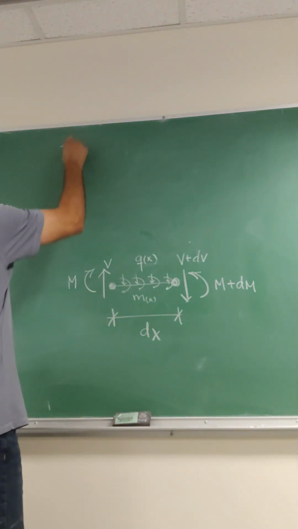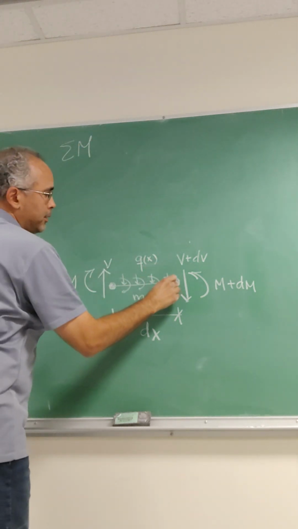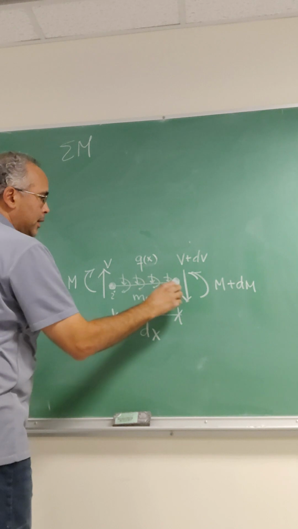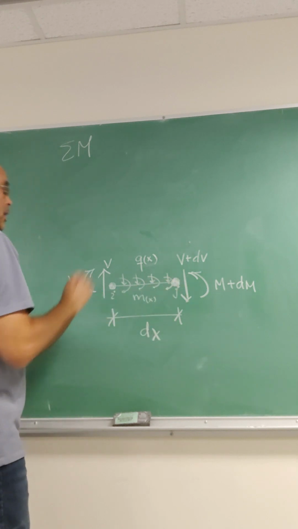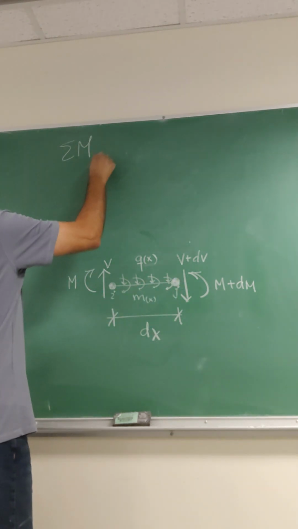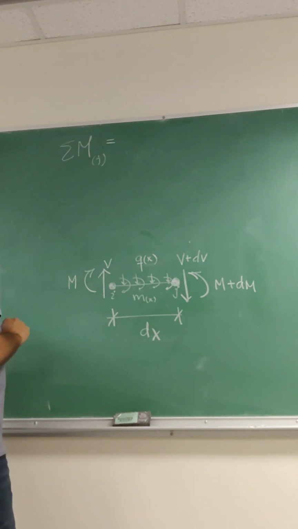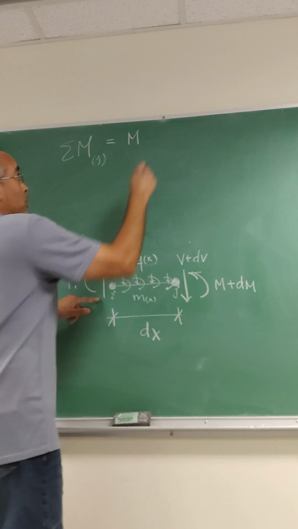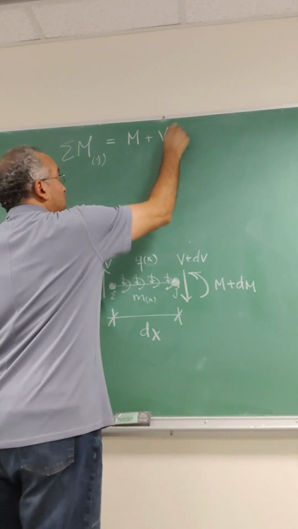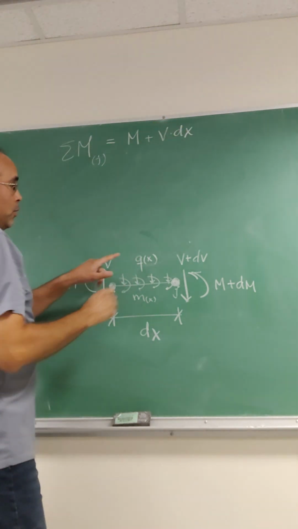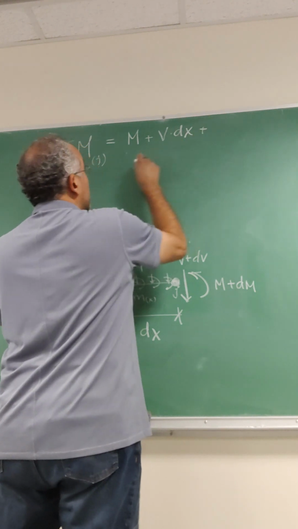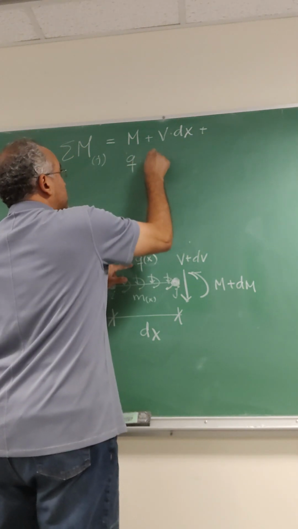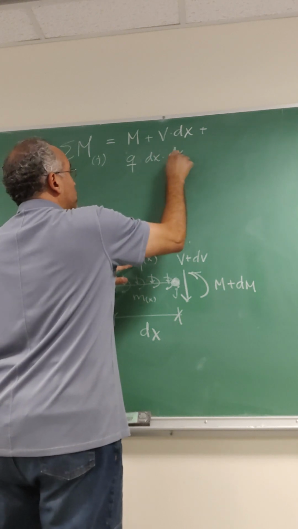If we do sum of moments about this end right here, this is end I, this is end J. We do sum of moments about J, we find what? Well, we find M, we find V times dx, we find Q times dx over 2, right?